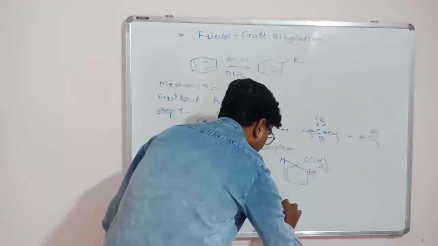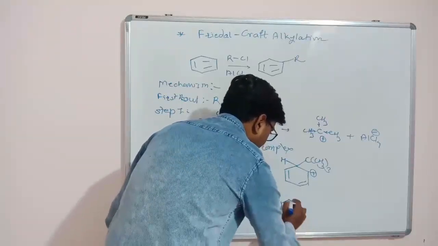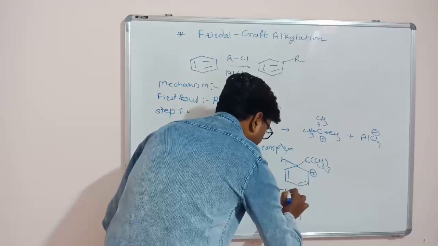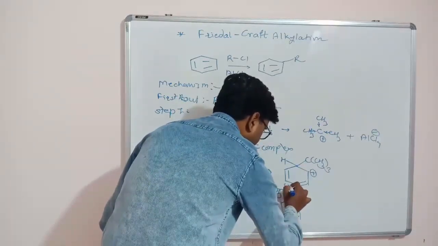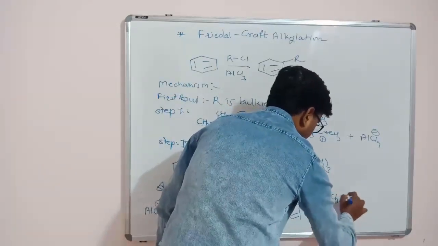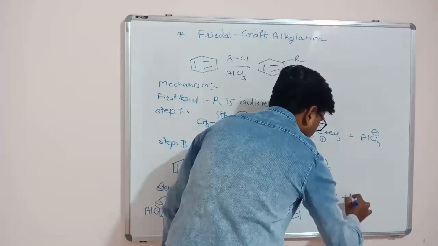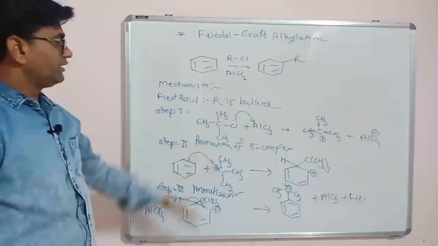What we get is a benzene ring that becomes aromatic, with the tertiary butyl group, and the byproducts are AlCl3 plus HCl. So these are the three steps.